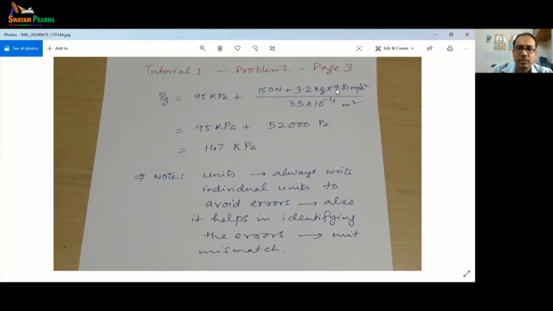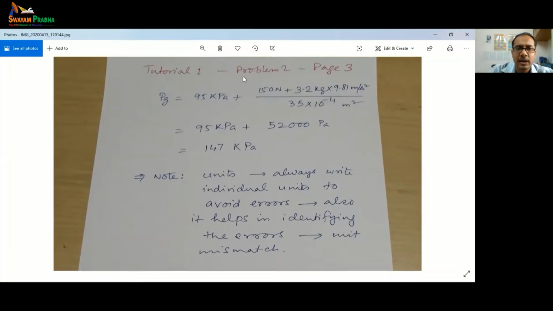This is the total force divided by the area. Note that to be consistent in the unit system, we have converted the centimeter squared to meter squared by multiplying it with 10 to the power minus 4. So 35 centimeter square is 35 into 10 to the power minus 4 meter square.